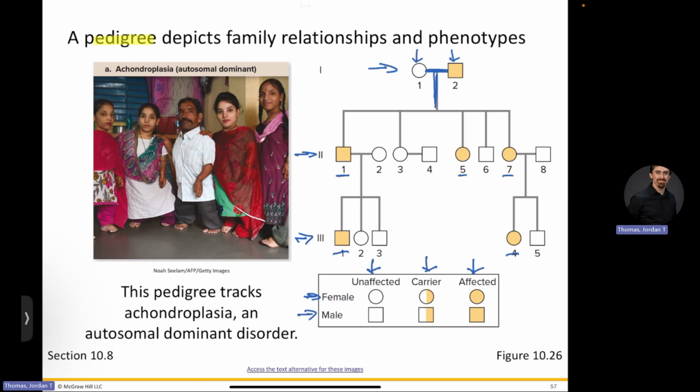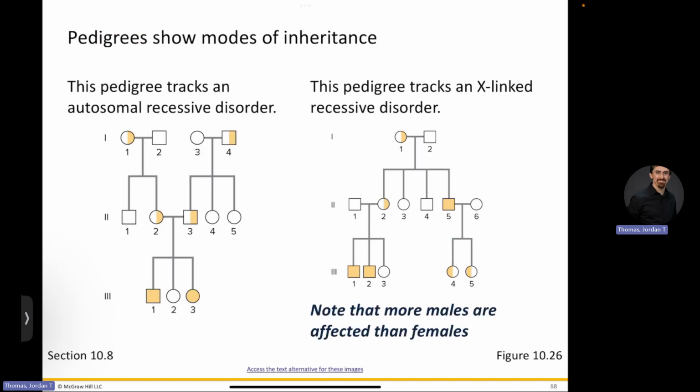Since there's no carriers, we can make the assumption that if an offspring has the gene for this disease, it's automatically present. And what that means, if the gene is always expressed when present, then it's going to be a dominant disease. Because if heterozygotes didn't show the gene, we would get a half color. But we don't get that. So this is going to be a dominant gene.